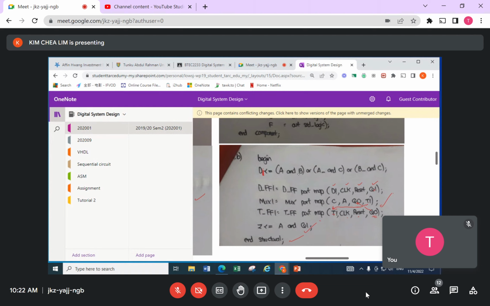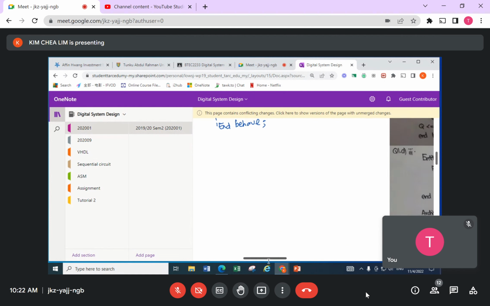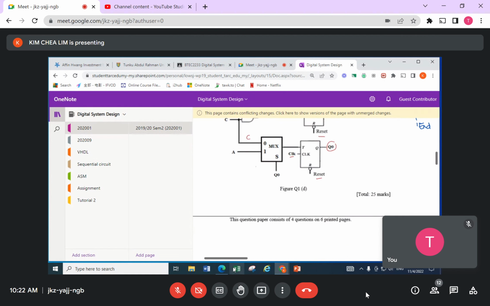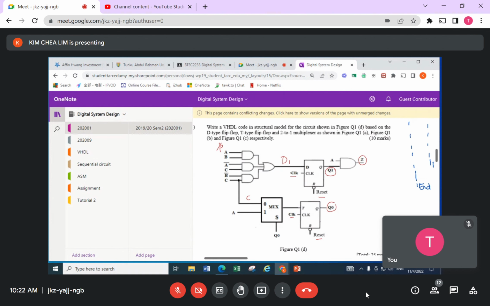So we are describing the circuit in this form. Any questions? When doing this type of circuit, it will be good for you to put in some names here. Say this is T1, right?